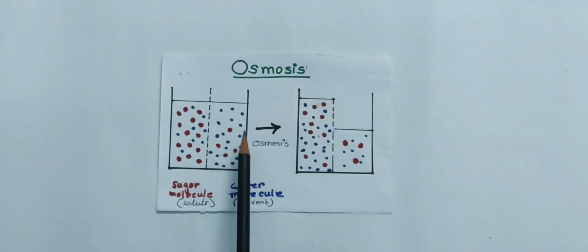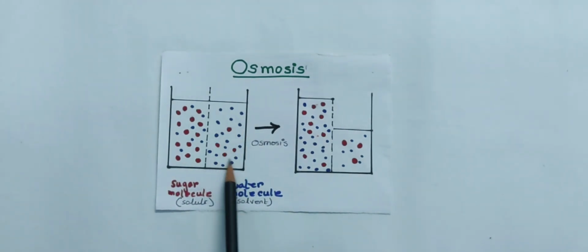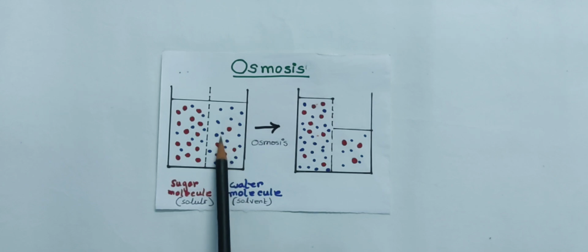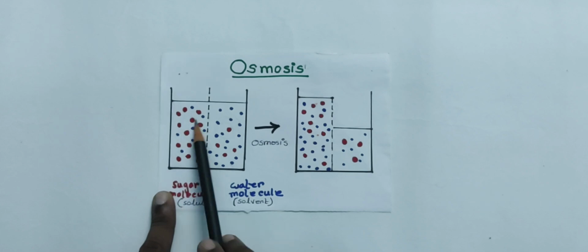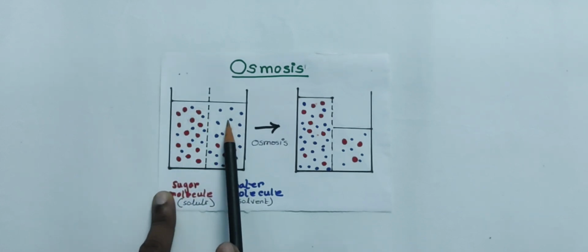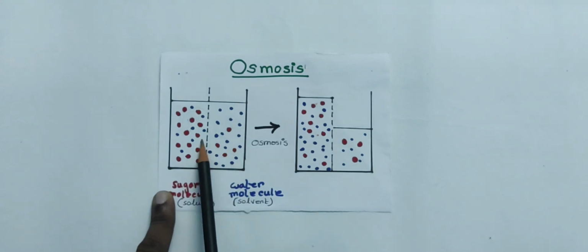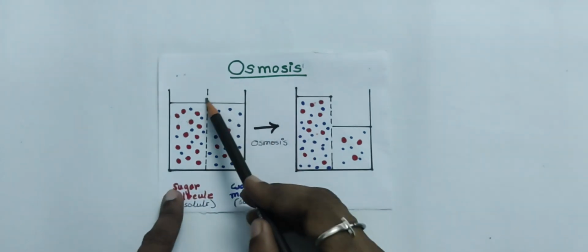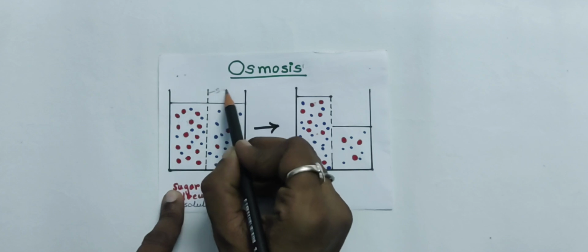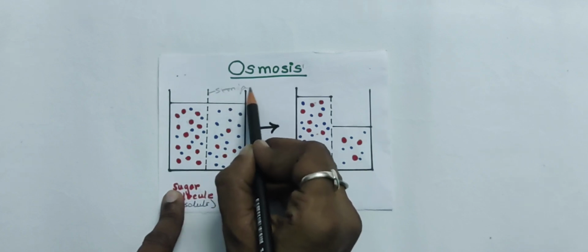Look at the picture here. The concentration of the solvent molecules is higher in this part, and here the solute molecules are higher, but the concentration of solvent is lower here and higher here. Solvent means water molecules, and sugar you can consider as a solute. Now after osmosis, look at that picture. This is the semi-permeable membrane.